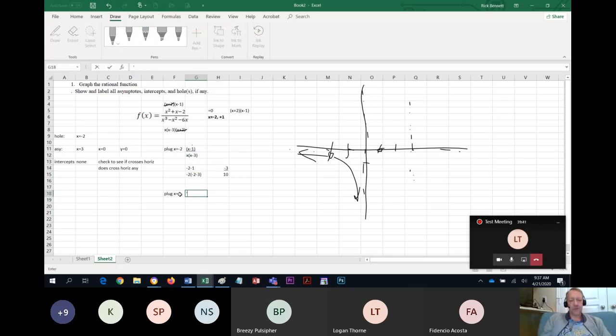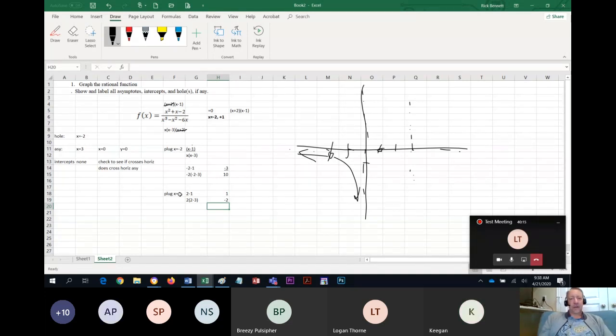This is going to be 2 minus 1 over 2 times 2 minus 3. Okay, so 2 minus 1 is 1. 2 minus 3 is -1 times 2 is -2. This is going to be -1/2.